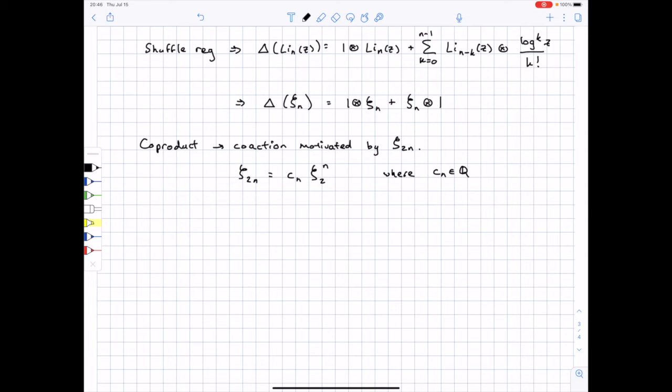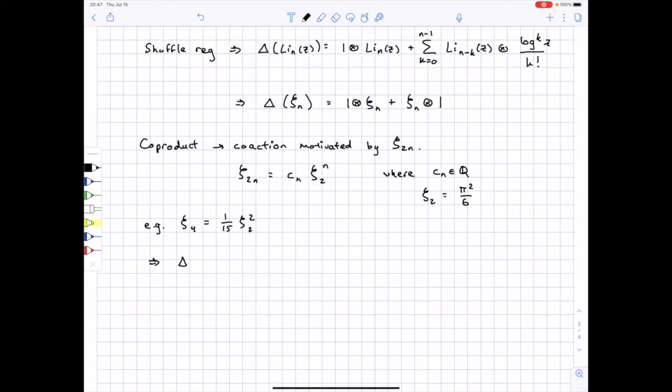And zeta 2 is pi squared over 6. So this is to say that zeta 2n is a rational number times pi to the 2n. And we can express it this way. So for example, zeta 4 is 1/15 times zeta 2 squared.